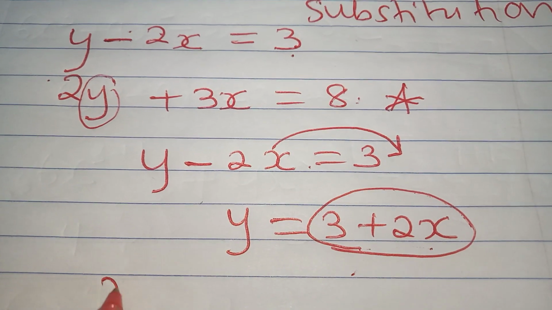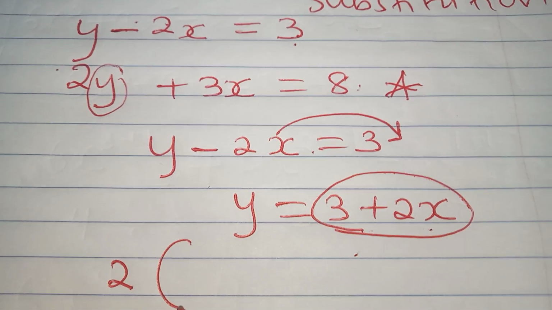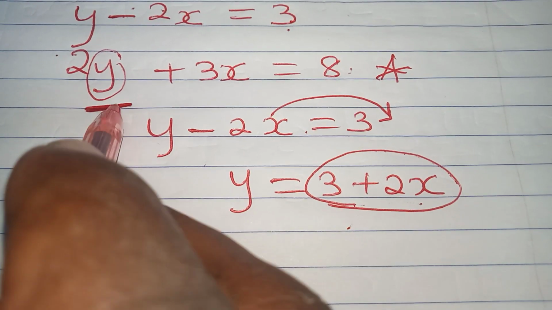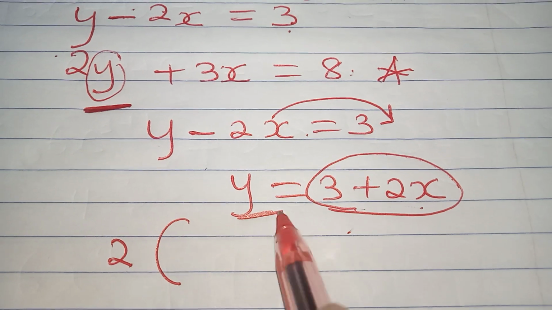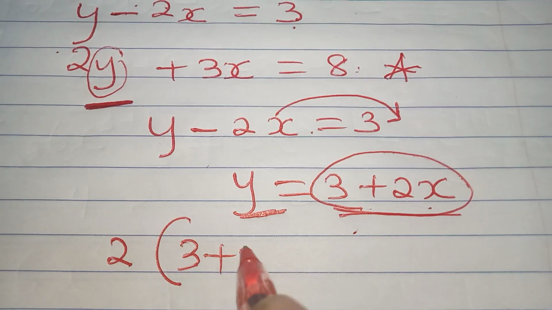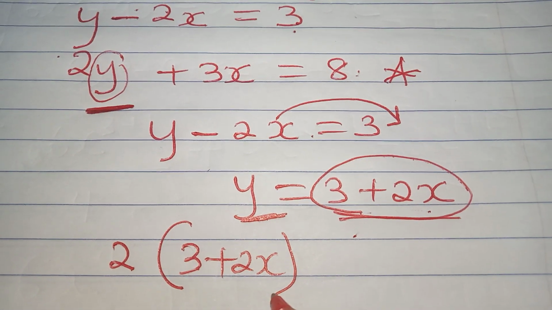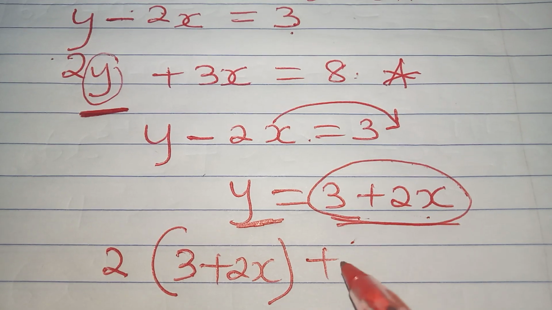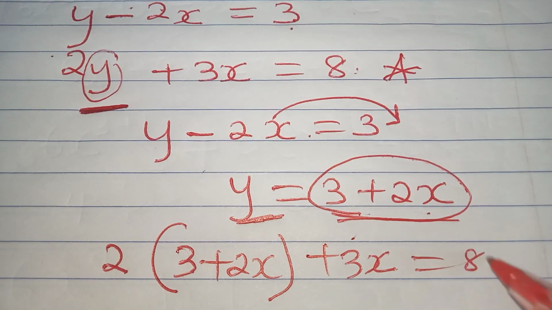So I'll say 2 into 3 plus 2x, close the brackets, plus 3x. I must get 8.